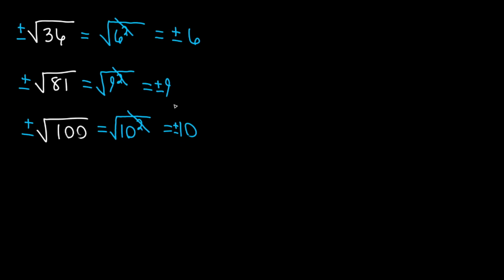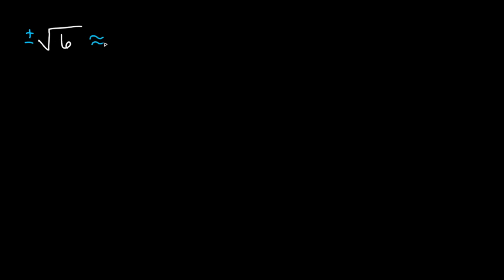Now what if we don't have a nice clean number like that? What it means is we don't have a perfect square, but we can still get an answer that you'll end up just rounding, essentially. So what if you get something like the square root of 6? It's still going to have our plus or minus sign in the front here, except we're not going to get a perfect number.